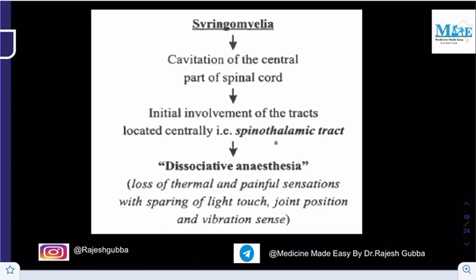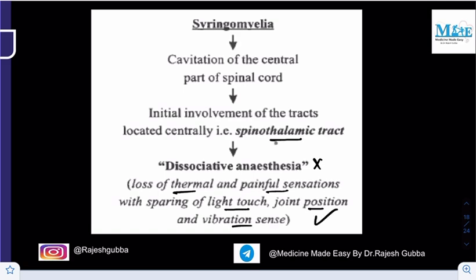Now, in syringomyelia you have cavitation of the central part of the spinal cord, and there is damage to the spinothalamic tract. So, dissociative anesthesia means loss of thermal and painful sensation, but light touch, joint position and vibration sense remain intact.